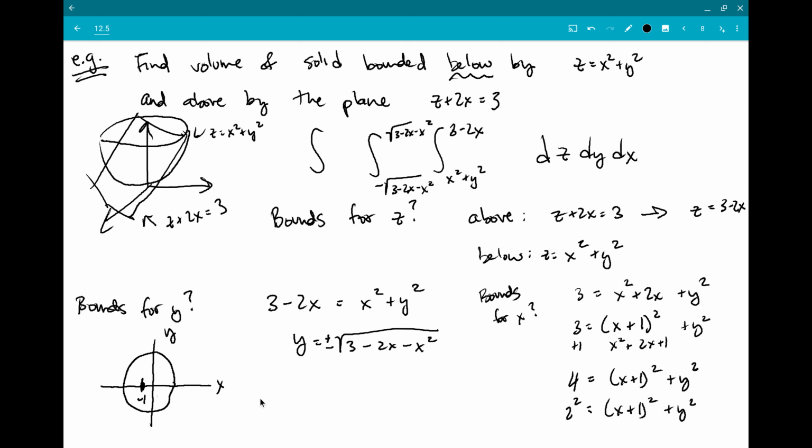Y center isn't moved, so I'm still on the x-axis. And then the radius is 2 everywhere. So specifically here, negative 1 over 2 more is negative 3, and negative 1 to the right 2 is positive 1. So the bounds for x are that it falls between negative 3 and 1.